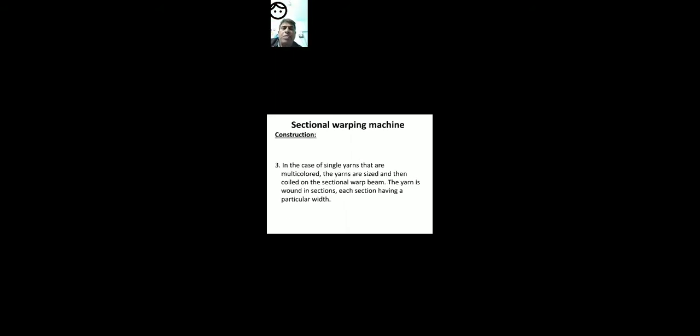In the case of single yarns that are multicolored, the yarns are sized and then coiled on the sectional warp beam. The yarn is wound on sections, each section having a particular width. This is one of the important points of the sectional warping.